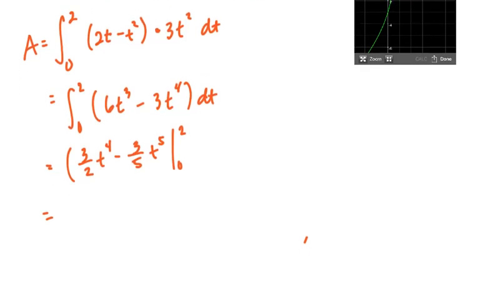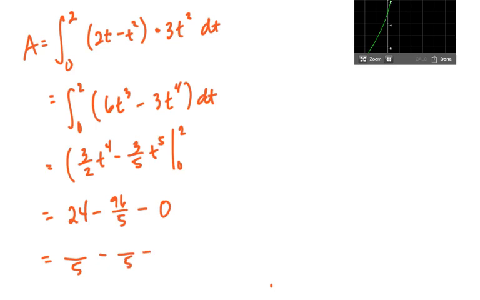So let's put in the 2. 2 to the fourth is 16, times 3 is 48, divided by 2 is 24. And then 2 to the fifth is 32, times 3 is 96 over 5, minus, and both of those become 0. You should check that because it doesn't always happen.